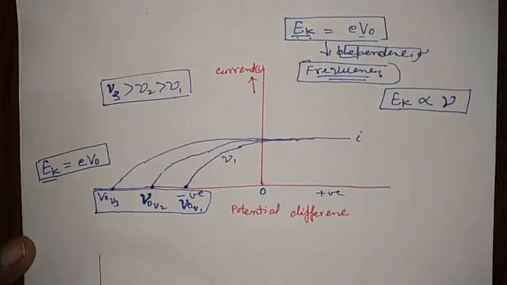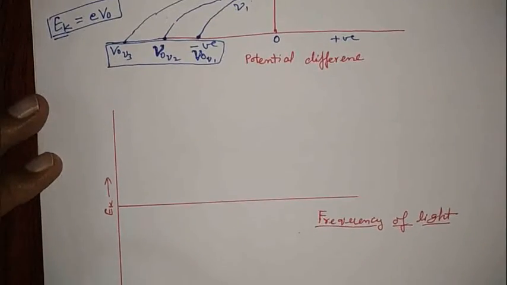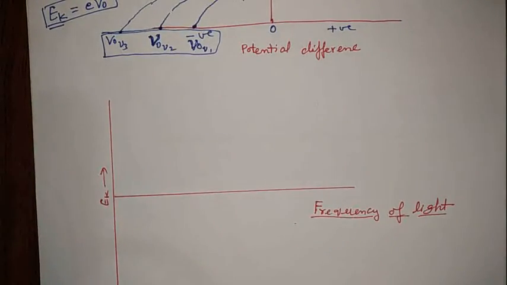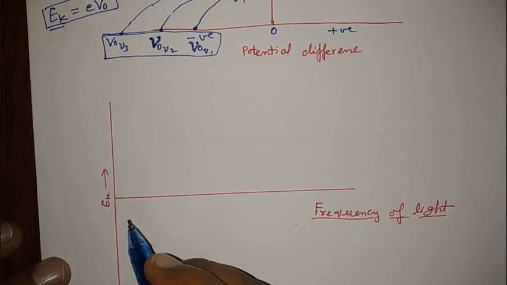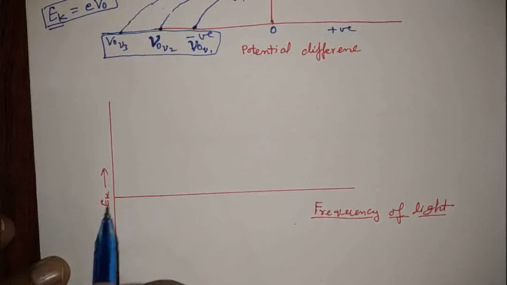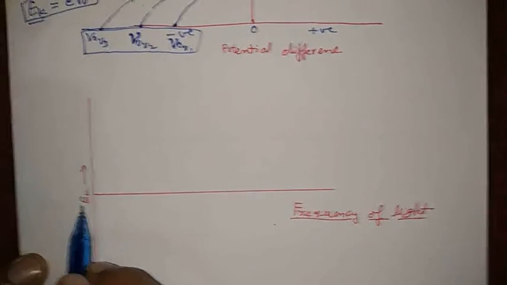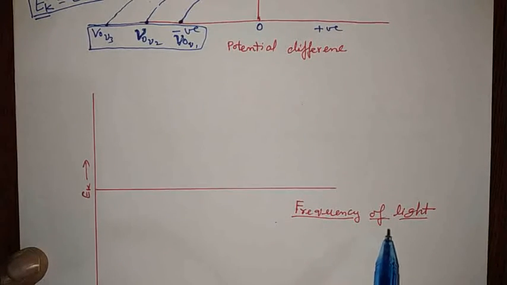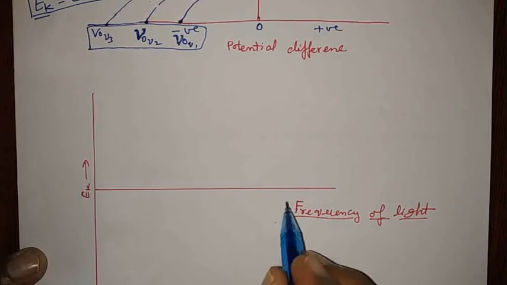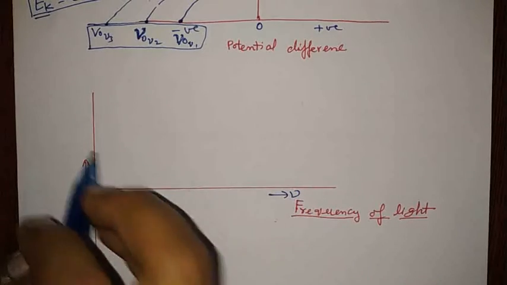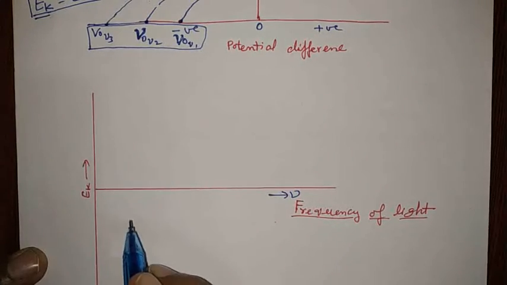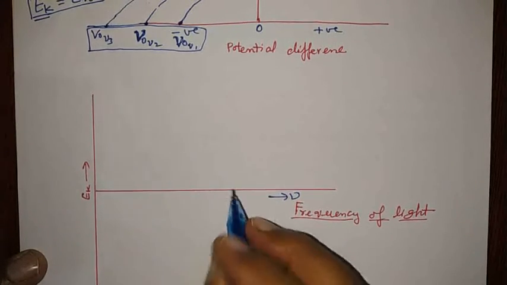which can be clearly seen here in this graph also. The concept of threshold frequency. See, this is the kinetic energy of the fastest photoelectron versus the frequency of incident light. Frequency is on this side, kinetic energy of the fastest photoelectron on that side.